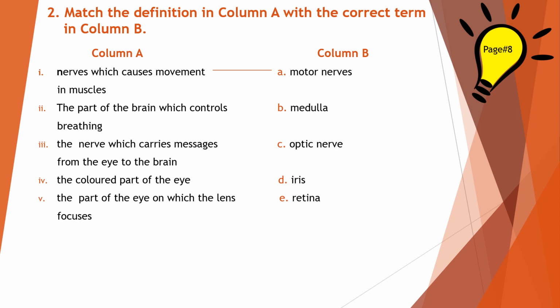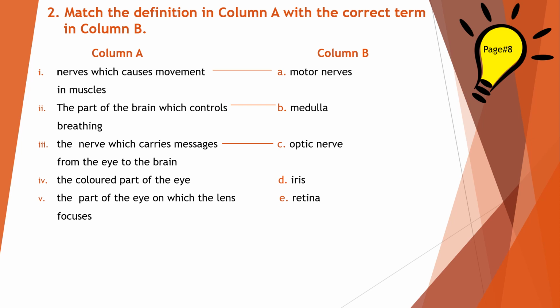Breathing is an involuntary action, so our involuntary actions are controlled by medulla. The third definition is the nerve which carries messages from the eye to the brain is called optic nerve.